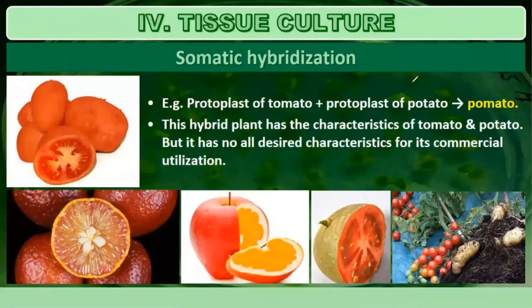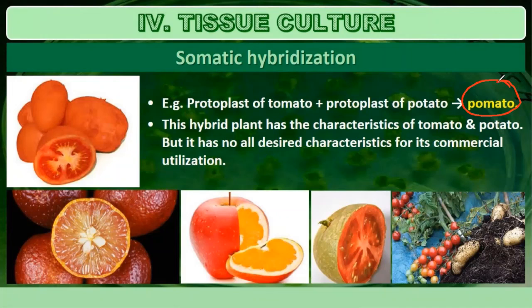Here are some examples, like protoplast of tomato and protoplast of potato. When fused, the result is pomato. This hybrid plant has the characteristics of tomato and potato, but it does not have all the desired characteristics for commercial utilization.